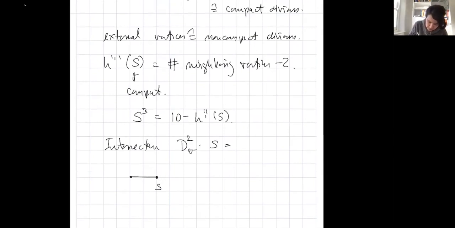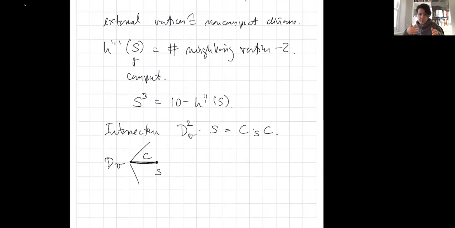So here's S, and this continues, and here's D_V. Then there's a curve here, let's call that C. This is just the self-intersection number of C inside S. And so what we want from our geometric engineering data is the self-intersection number of this curve, because that determines for us the characteristics of the 5D SCFT.